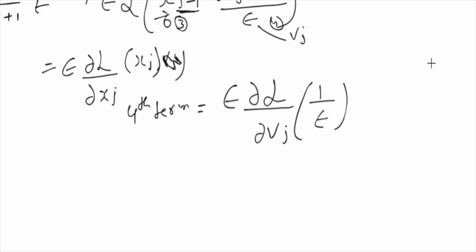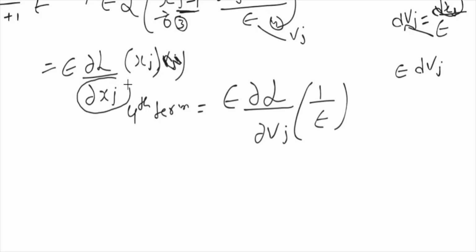Now what we will do, we know that dVj, change in velocity, is equal to change in distance upon epsilon. So it means this dxj can be written as epsilon into dVj. So instead of writing dxj here, we can write epsilon dVj. So what will it be?